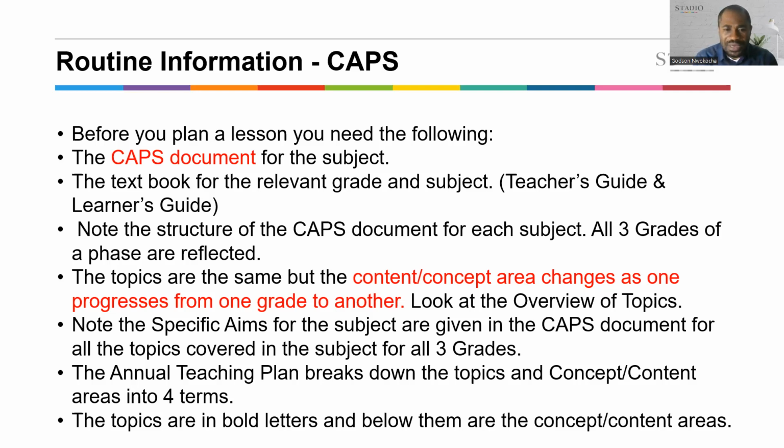You need to be able to interpret the annual teaching plan, which breaks down topics and concepts into 4 different terms, and be able to figure out what lesson you're going to do. So when you plan for the purpose of the program we're doing, you plan for a single lesson. So a single lesson will be 1 hour. So you need to think about how much information you're going to cover in 1 hour. Okay.